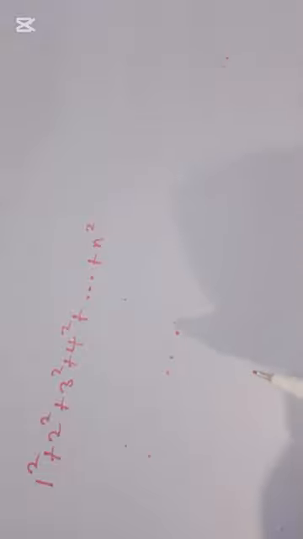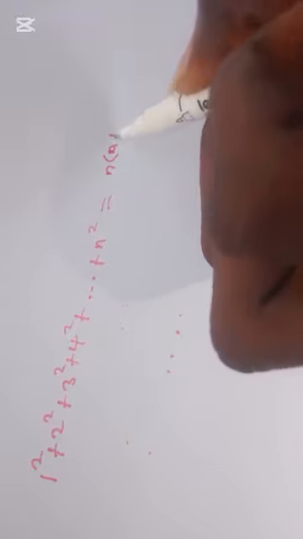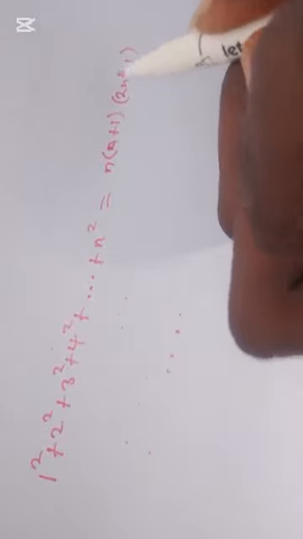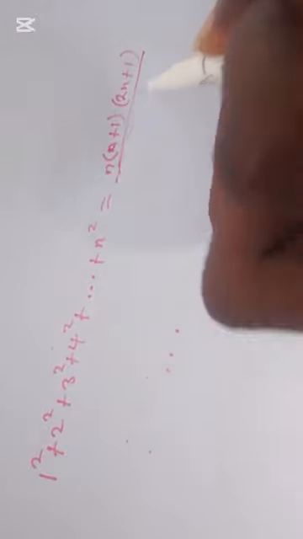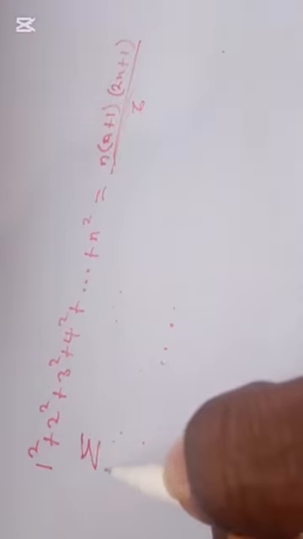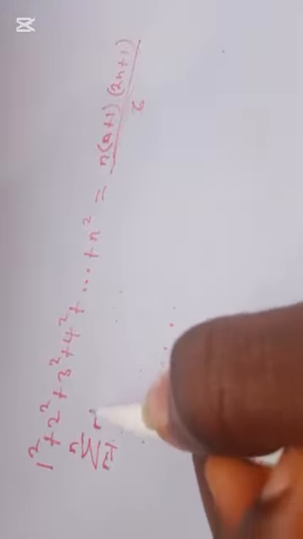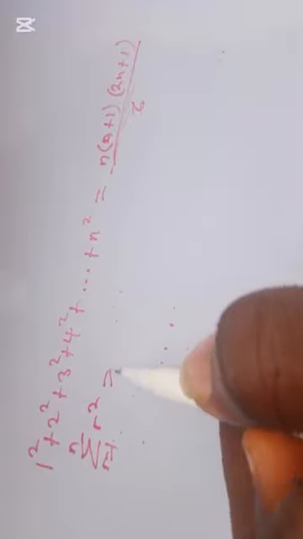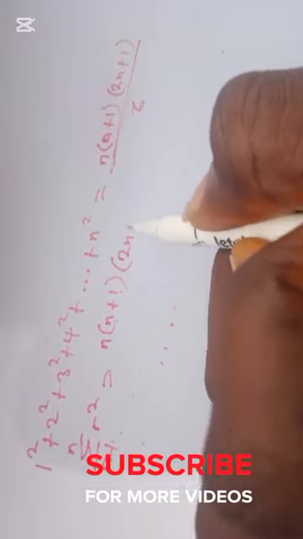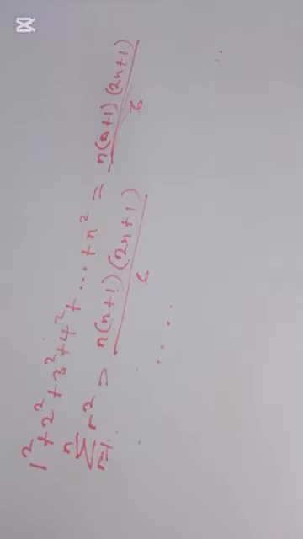I can find the sum of this to be equal to n into n plus 1 into 2n plus 1, all divided by 6. That is, the summation of r squared, r from 1 to n, equals n into n plus 1 into 2n plus 1, all divided by 6. This is the rule.